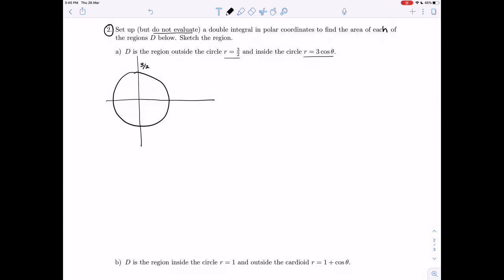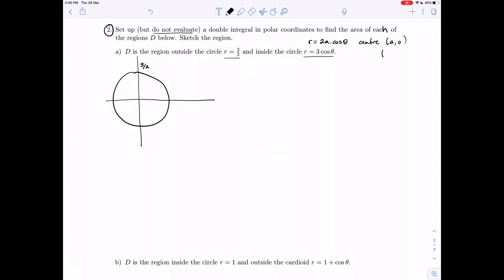And this one is of the form r = 2a cos theta, which has its center along the x-axis, so at (a, 0).